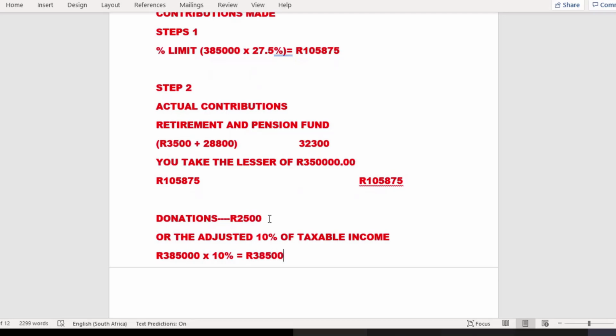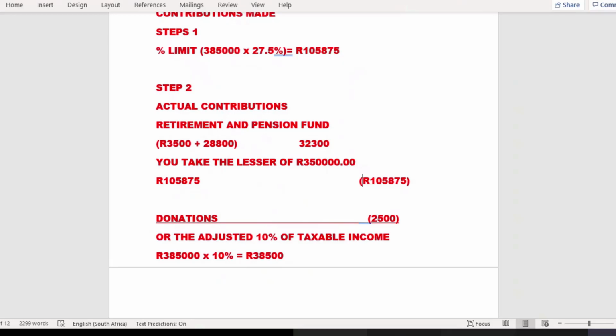Obviously, this is the lesser. This one is the lesser, and then you disclose it here, say 2,500 rand. Then it should be in the brackets, and this one should be in the brackets as well. Sorry, I think I made a mistake. Right. Then you do this. That's part of your deduction.